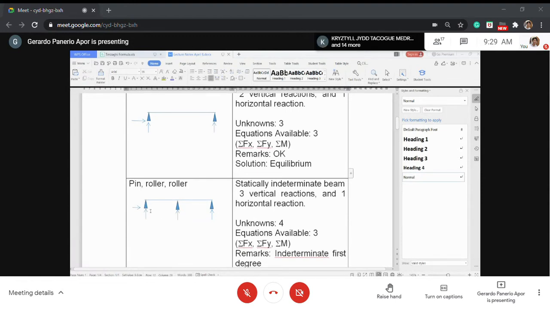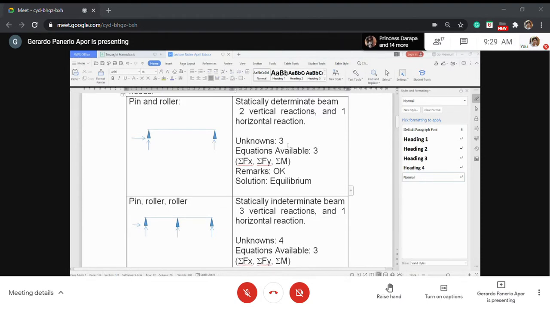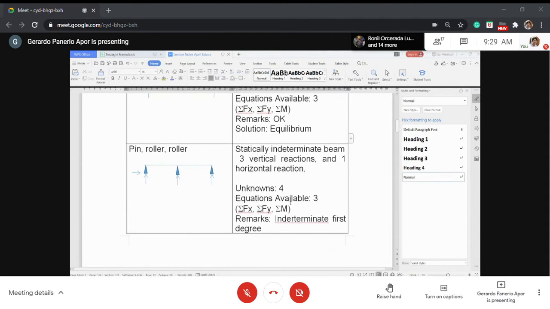If one is a pin, it can support horizontal reaction and vertical reaction, so that's 2. And then for the 2 other supports, if they are rollers, only one vertical reaction each, that makes 4 unknowns. You deduct 3 from 4, so you have 1.